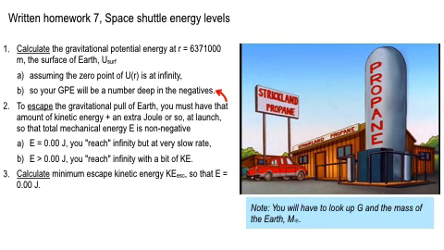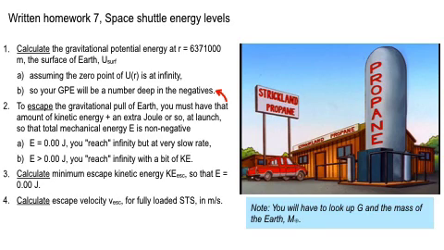All right. So what we're going to do is calculate E equals zero, the minimum escape kinetic energy. If you have this much, when you blast off from Kennedy Space Center, you're going to escape the pull of the Earth asymptotically slowly. If you have more than this, you'll have even more kinetic energy as you go further and further away from the Earth.